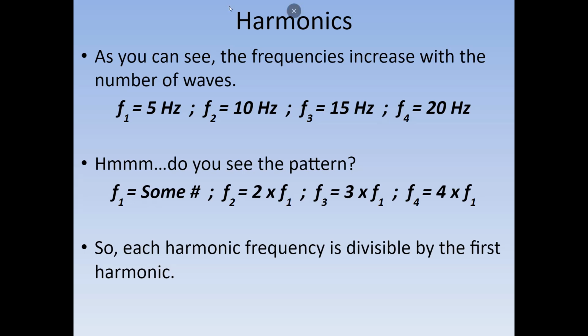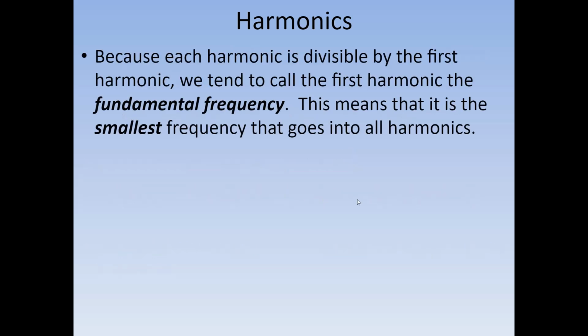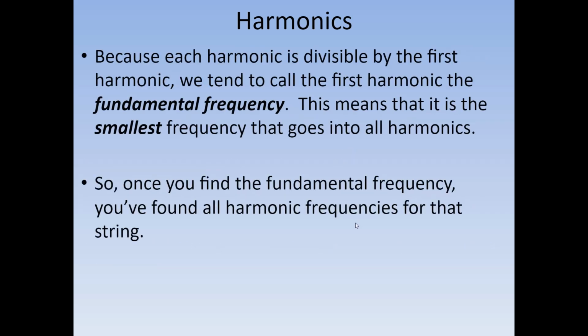A lot of that comes from the fact that they have similar harmonics, that every C note is a harmonic of a common frequency, a common ancestor, if you will. Once you find the fundamental frequency, you end up finding all the other frequencies that make it up.